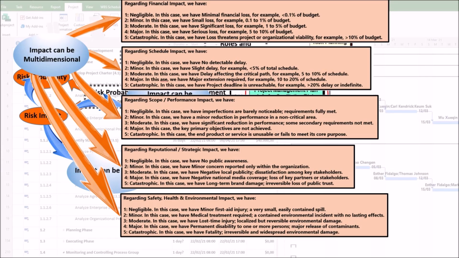In this case, we have lost time injury, localized but reversible environmental damage. Fourth, major. In this case, we have permanent disability to one or more persons, major release of contaminants. Fifth, catastrophic. In this case, we have fatality, irreversible and widespread environmental damage.